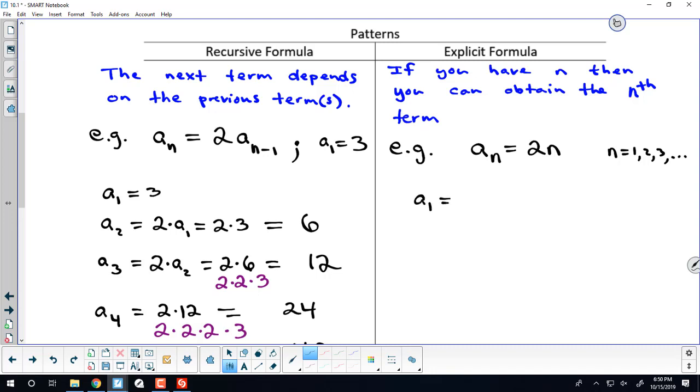A sub 1 is 2 times 1, which is 2. A sub 2 is 2 times 2, which is 4. A sub 3 is 2 times 3.